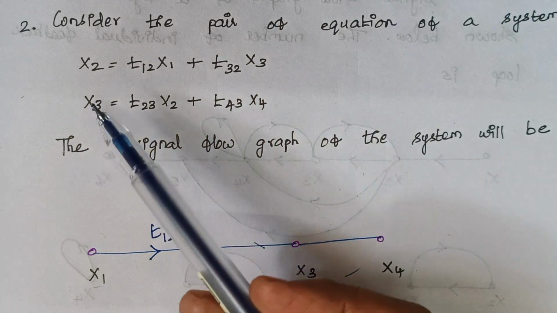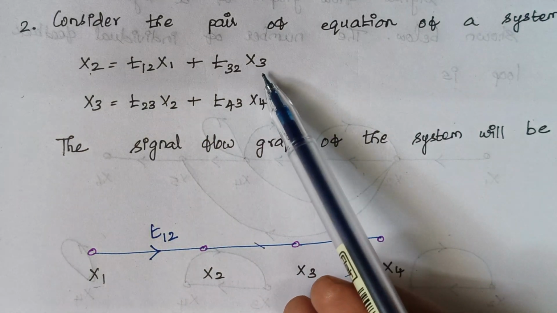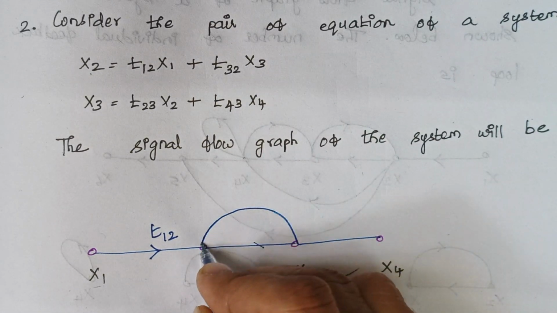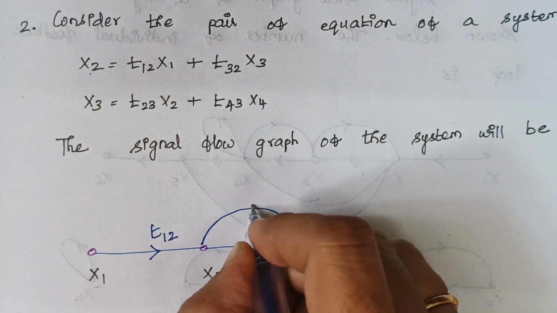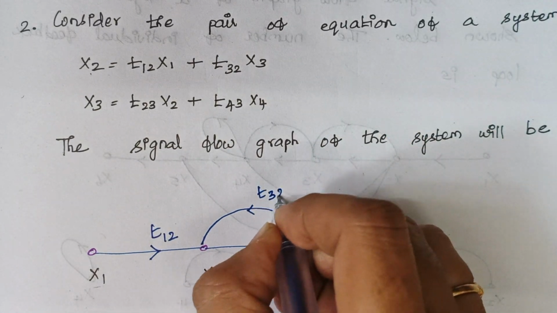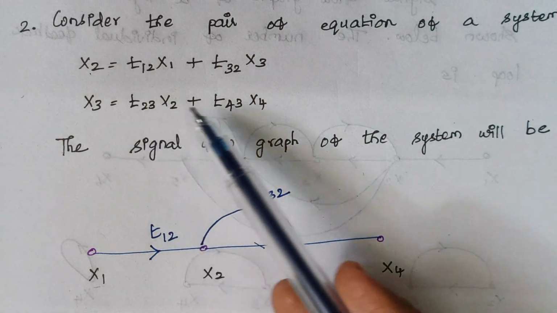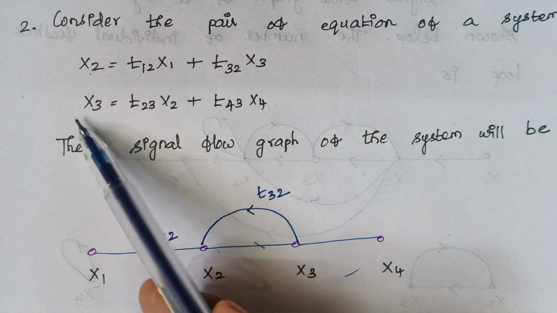And next, this x2 is related with x3, so from x3 to x2 draw a path. What is the gain here? It is t32. Now look at the second equation. So here again x3, right?